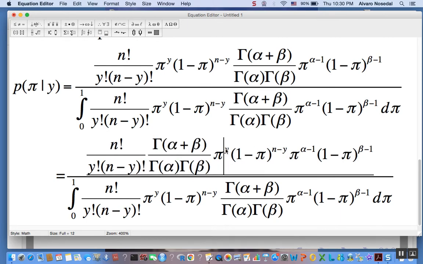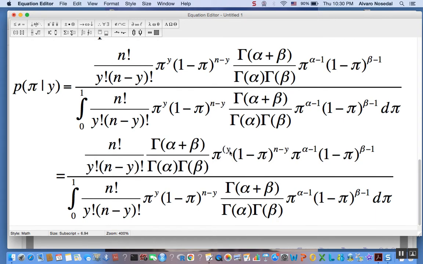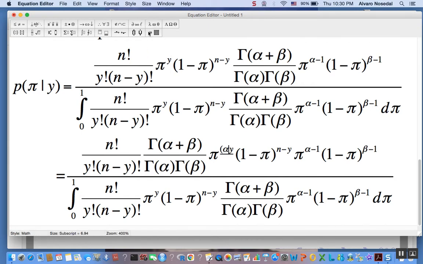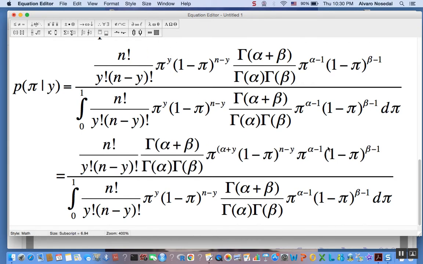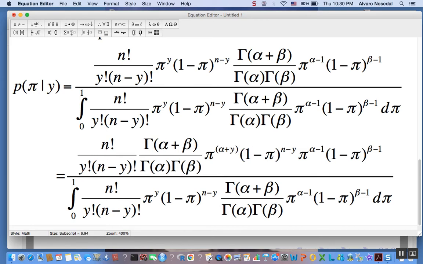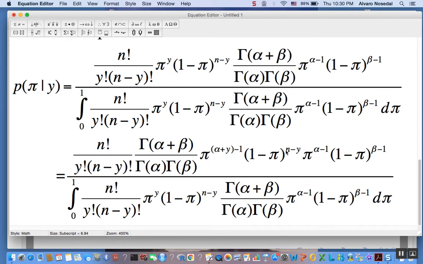And then instead of y, we are going to have y plus alpha, or alpha plus y, either way, minus 1. Okay, now this one is going to be n plus beta minus y minus 1.